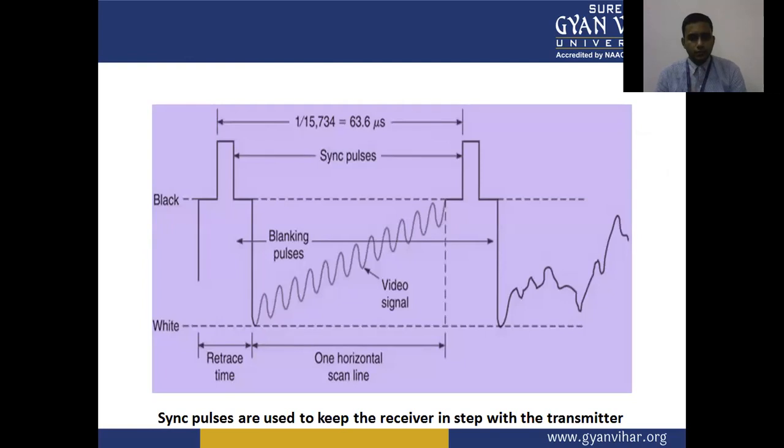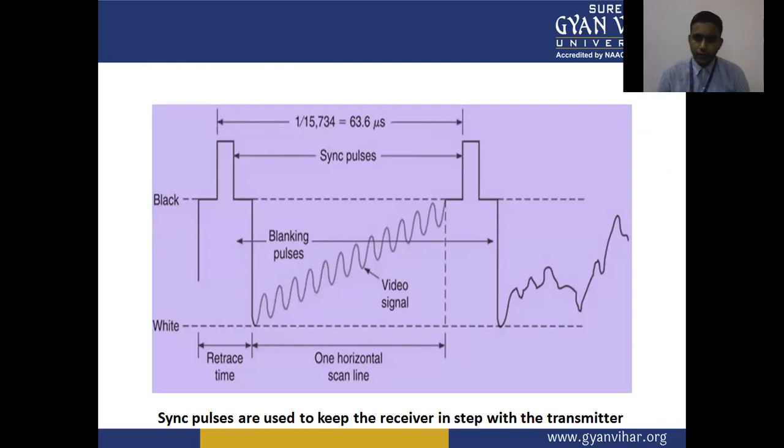Next, the sync pulses are used to keep the receiver in step with the transmitter. So this figure shows the picture of the sync pulse. The total period of trace and retrace is 64 microseconds in the case of the horizontal scan.